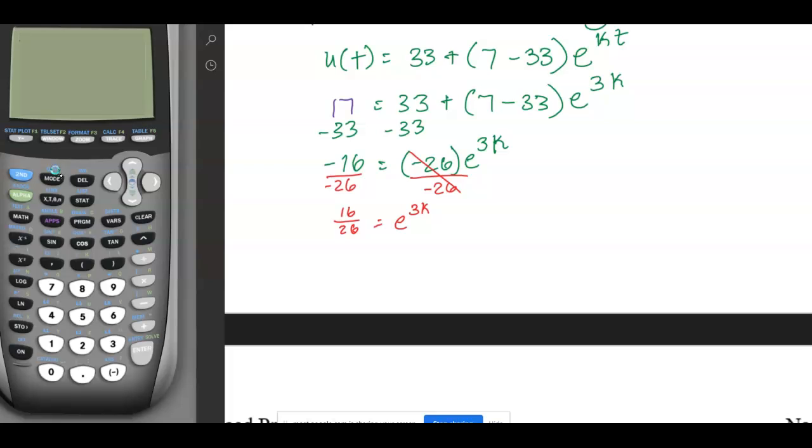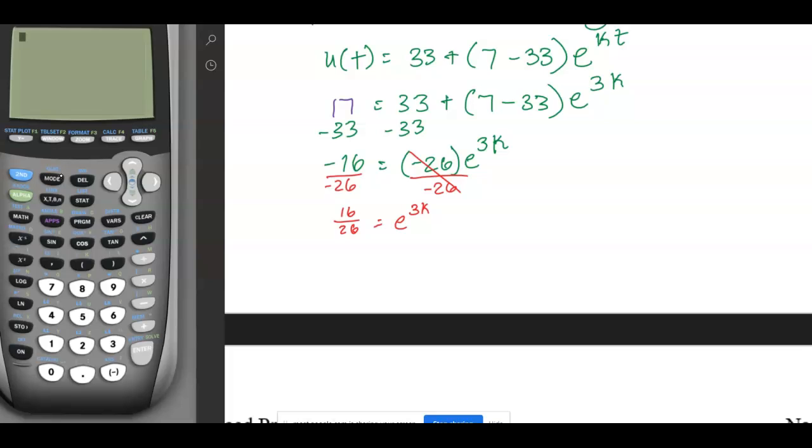Think of it this way. Right now, k is an exponent. So how do you get something out of an exponent? What is the opposite operation of an exponential? The opposite of an exponential is log.